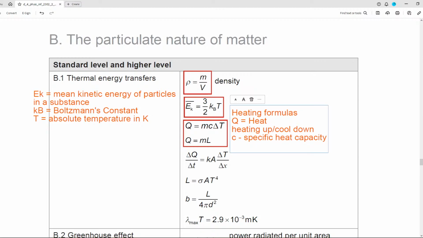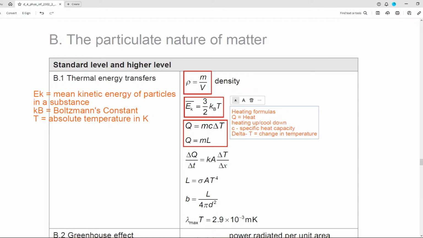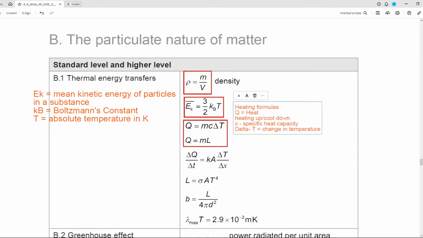And here, delta T is the change in temperature. You'll notice I didn't write a unit for this one, because either Kelvin or Celsius would work for delta T, because they have different values, but they have the same scale.